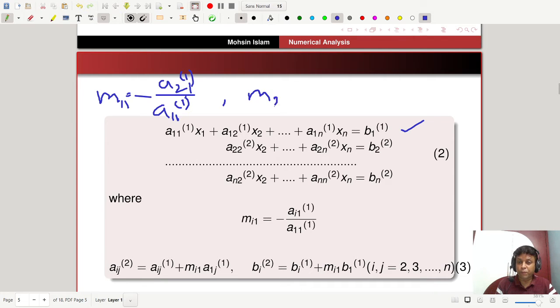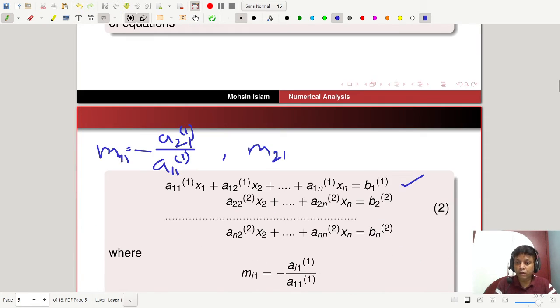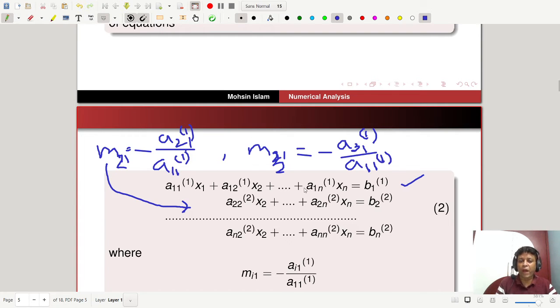I equal to 2, sorry, it will be 21, because i runs for the second, and this is for the third, so it will be 31. m31 will be minus a31 by a11. So this is the multiplier for the third equation, and fourth, fifth, and so on, and finally the nth equation, like this.